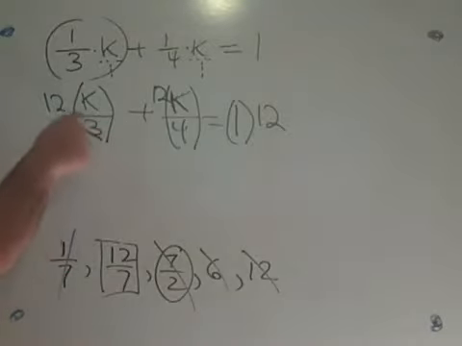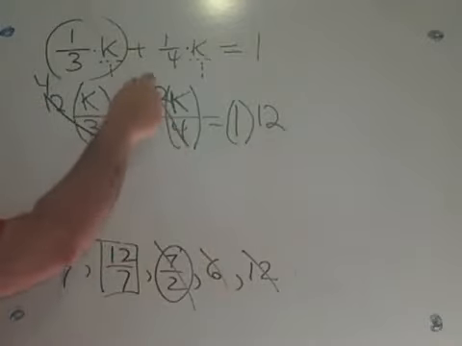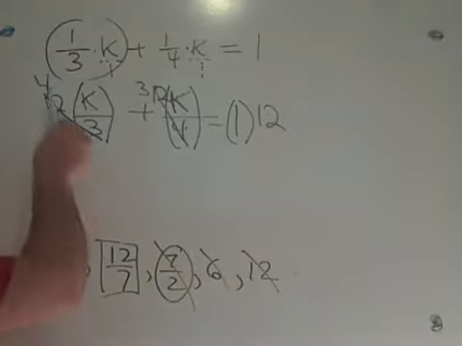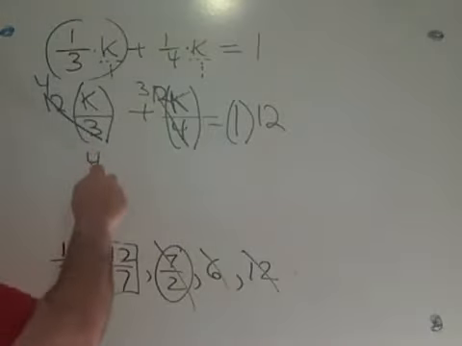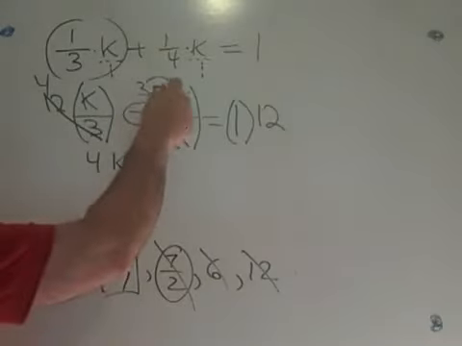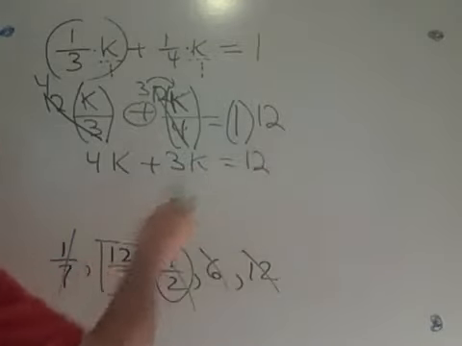We pick 12 because 3 goes into it 4 times, and 4 goes into 12 3 times. No more denominators. That was the whole reason to multiply by 12. 4 times k is 4k, plus 3 times k is 3k, and this is 12.